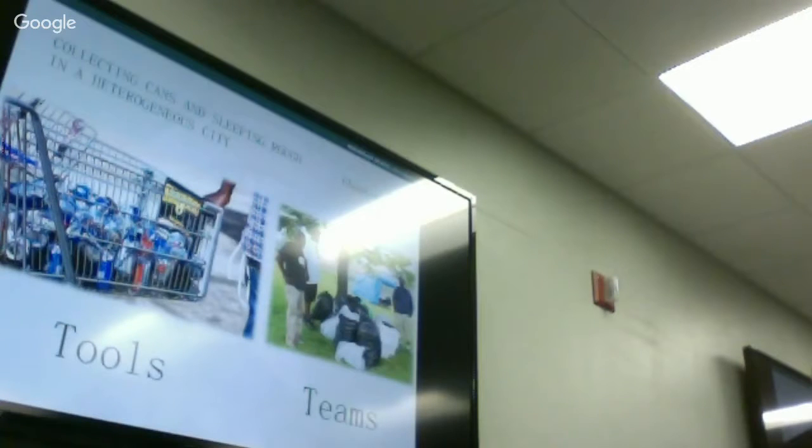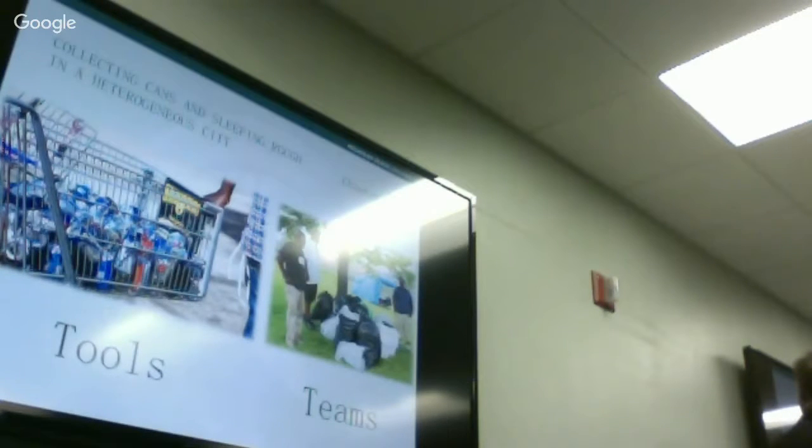So these individuals are coping with the experience of extreme poverty by utilizing tools available to them, even when they have to borrow carts from the grocery store. Teams were more effective in the can collection because you could have someone guard your cans and other individuals could pool their resources. This also was the same in a tent city, for example, or when there were cliques that formed in shelters. So these are not exclusive to the can collectors.